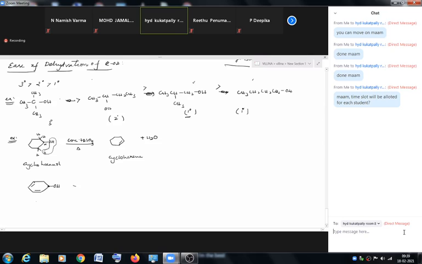So this is more reactive than this, which is more reactive than this. So what's the reason for stability? All these three, or the initial two actually. These two are stabilized by extended conjugation.